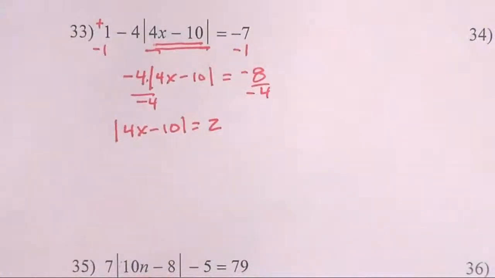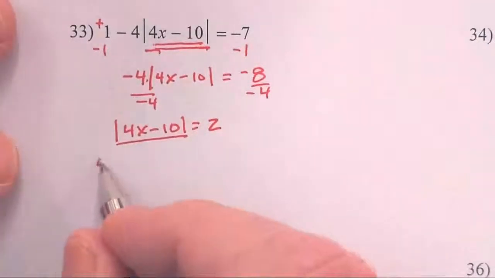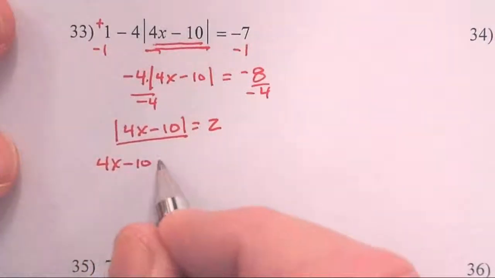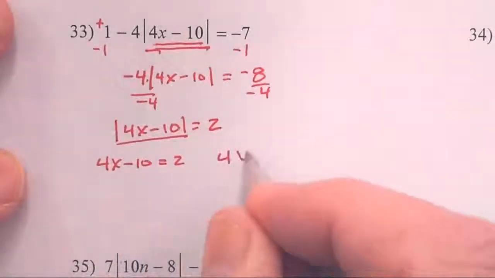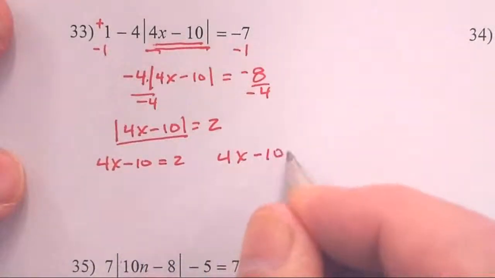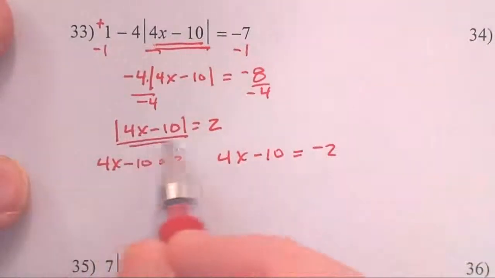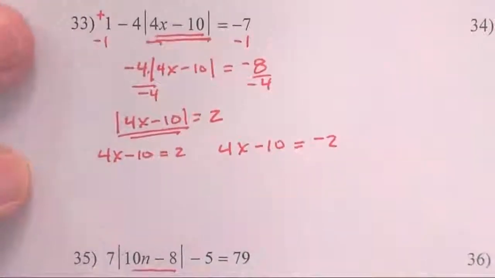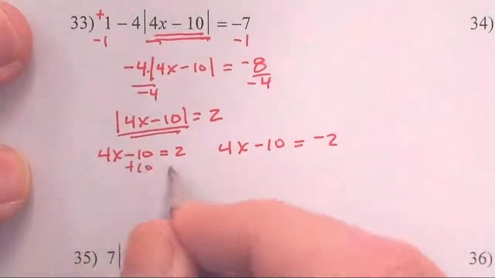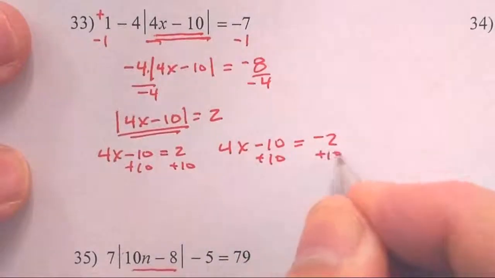And now we split and switch. Now I've got the absolute value isolated. So 4x minus 10 might just equal 2, but 4x minus 10 might equal negative 2, and then the absolute value fixes it. So we'll add 10, and you'll notice we do the same thing to the other side, we just get different results.